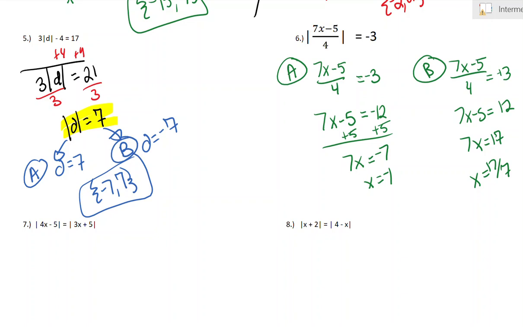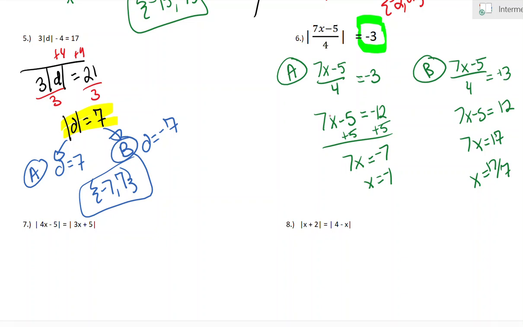I want to look at number 6, and there's a couple things I want to point out. Did anyone catch that it equaled a negative number? Okay. So some of you might have written down the work that was shown on the screen right now with the A and the B, one equaling negative 3, one equaling positive 3.